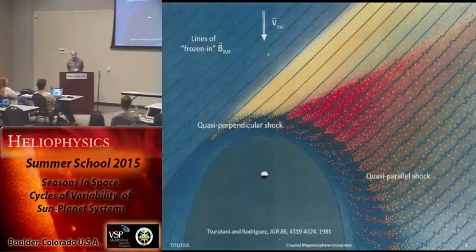On the dawn side flank, the shock wave is quasi-parallel, and it is very messy, in part because the quasi-parallel shock is very much a kinetic phenomenon.